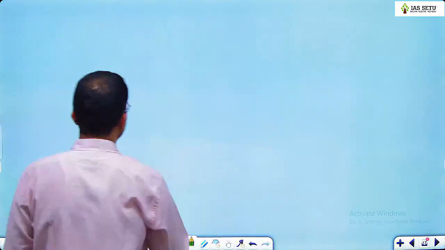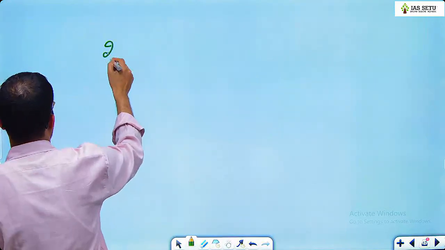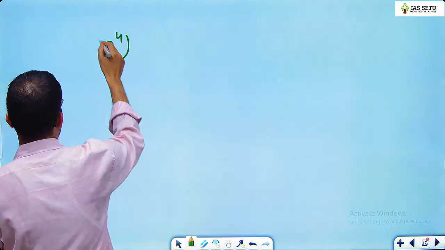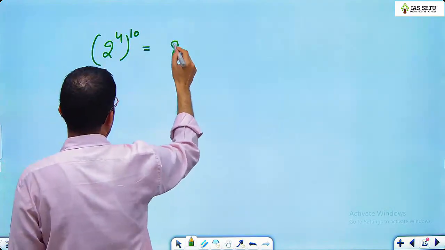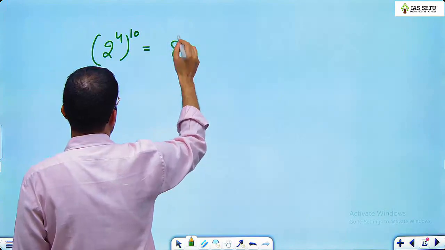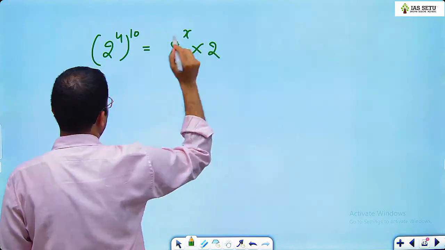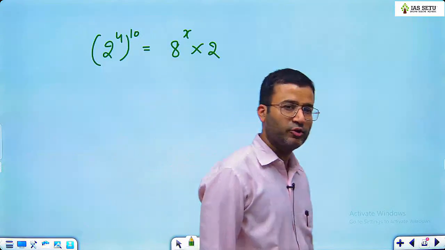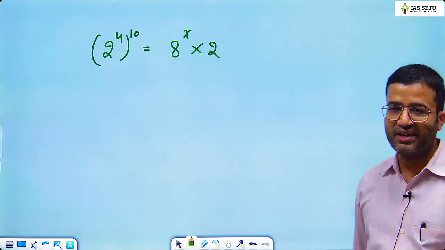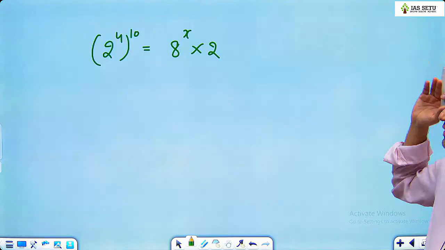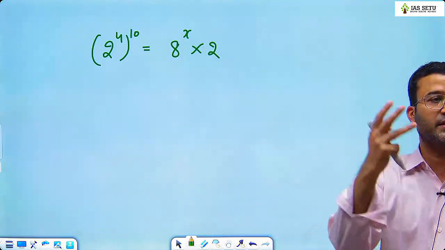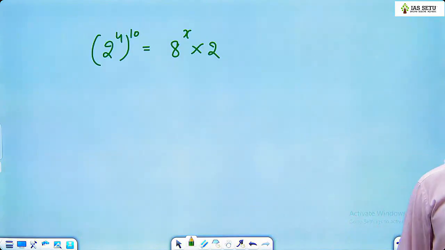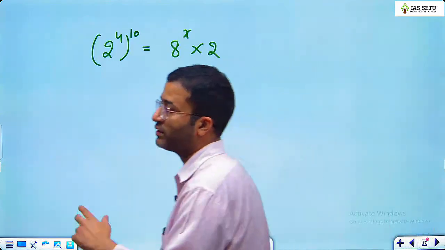Now you try a question. 2 to the power 4 bracket 10. Meaning, what, will I ask for 40? You have already memorized the table of 4. Tell me what is x here. What I did is, I mixed the first rule and the third rule to make a question. I have framed a question where rule number 1 and rule number 3 are applicable.